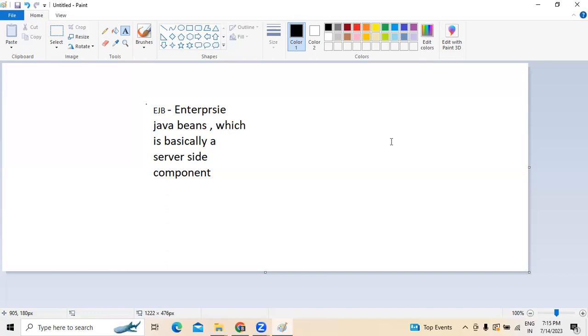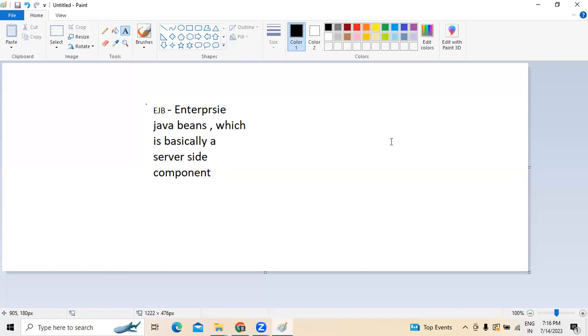When we talk about EJB, these components majorly lie in the same container, which is called the EJB container. At the same time, these EJB components and EJB classes are written by the developers, who implement the business logic. Along with that, it is also specified and provided for developing secure, robust, scalable distributed applications.